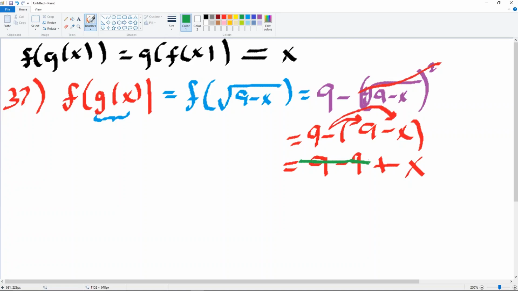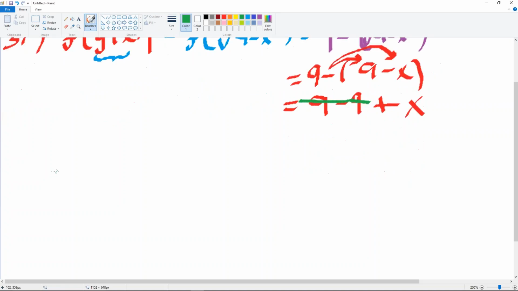So f of g of x is x. So you're partly there. Now we got to do g of f of x. So let's do that. Again, start with the inside. And what does the inside say?